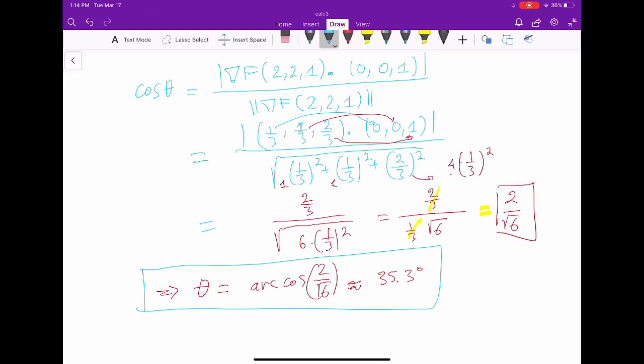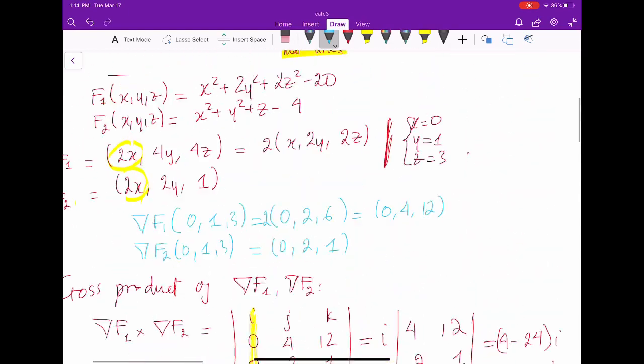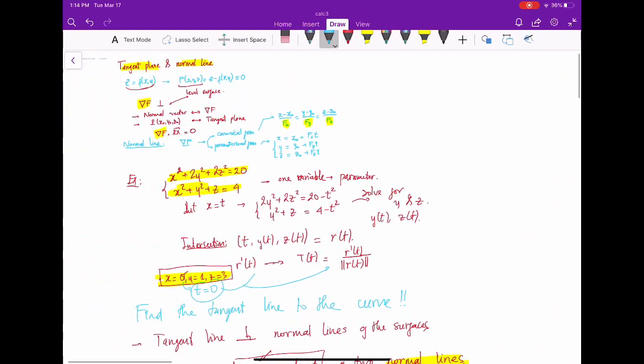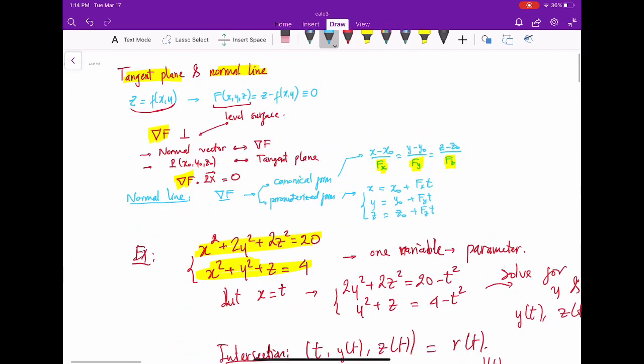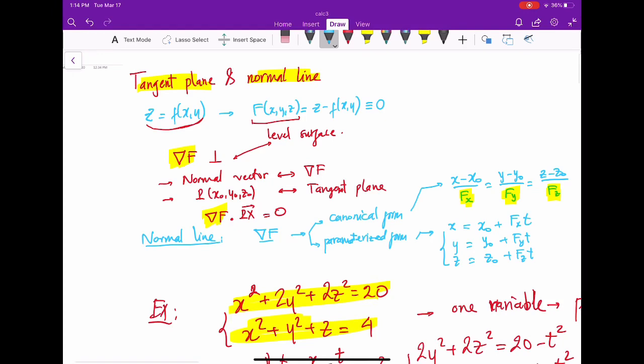This section, I think, is pretty easy and clear enough, because basically we only need to work with the gradient. Let me repeat the most important idea: if you want a tangent plane, you need a normal vector. And what is the normal vector?